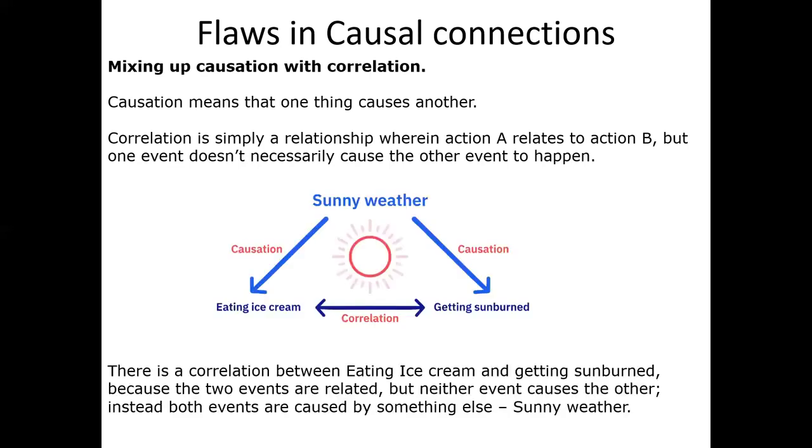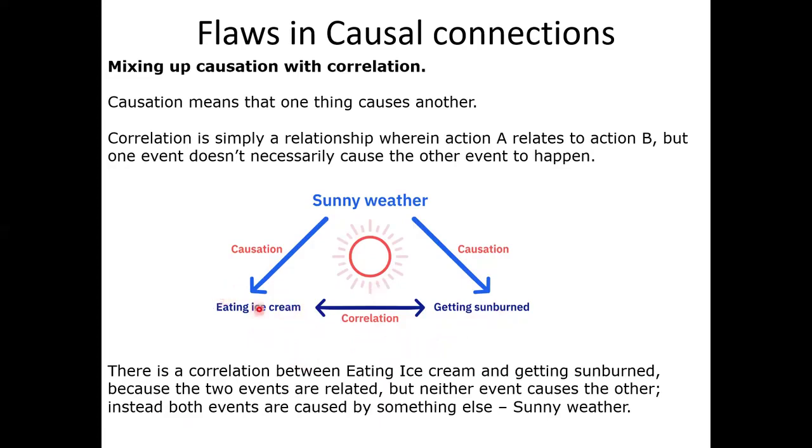An example that I've given here is that sunny weather causes the tendency to eat ice cream. Sunny weather causes sunburns. But as far as eating ice cream and sunburns go, they are merely correlated. They coexist. But just because they coexist, we cannot conclude that there is a causal relationship between the two.